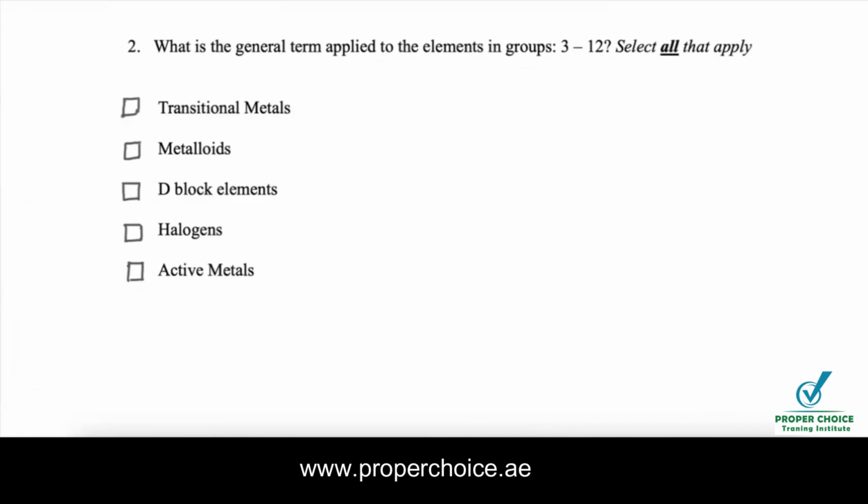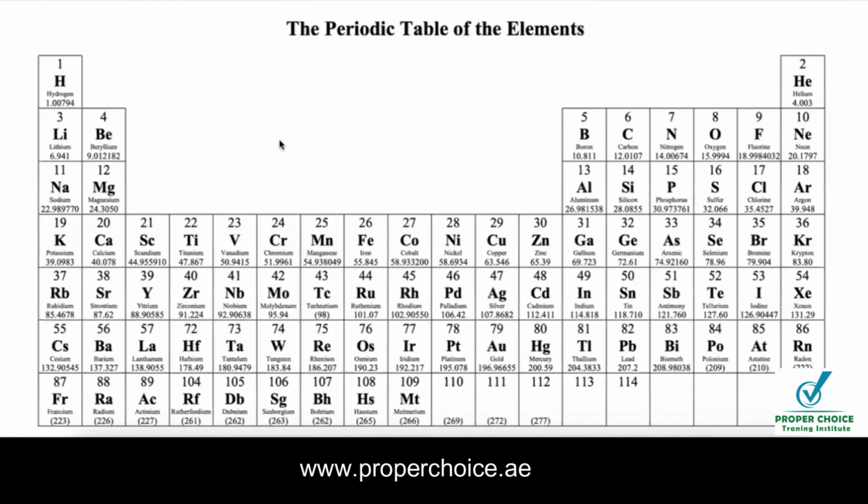Question number 2 says, what is the general term applied to the elements in group 3 to 12? Select all that apply. This is a multi-select question. Which terms relating to the elements from group 3 to 12 are true? You have to select them all. By the way, which are the elements from group 3 to 12?